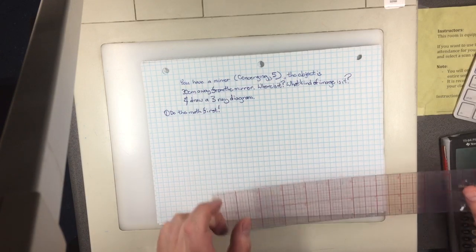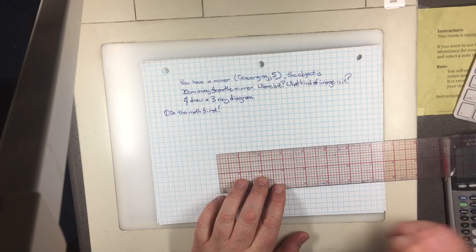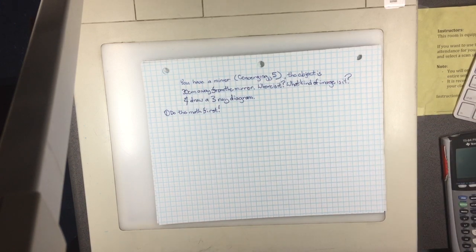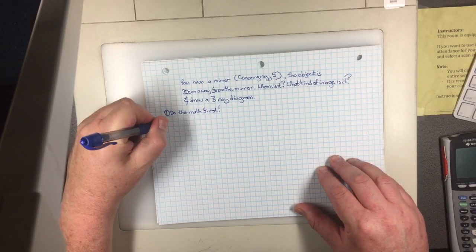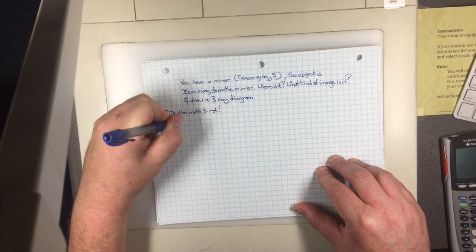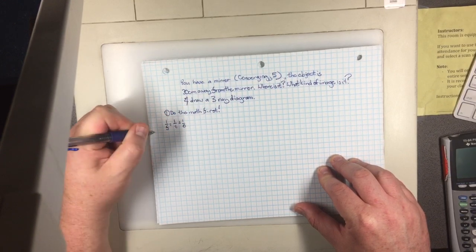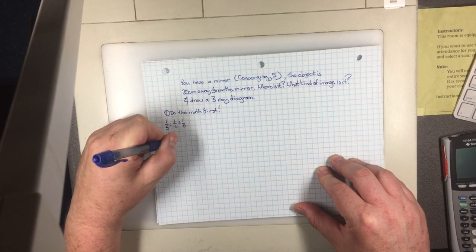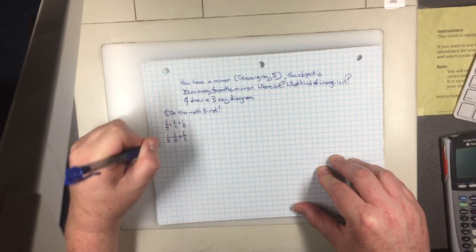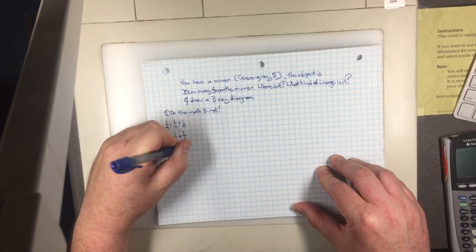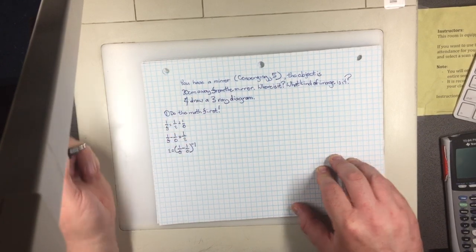Actually, hold on. I didn't even follow my own advice. You should do the math first regardless of what's going on. So you take 1 over F, 1 over I, 1 over O, solve for image: 1 over F minus 1 over O equals 1 over image. So 1 over image is equal to 1 over F minus 1 over O. And you get that.